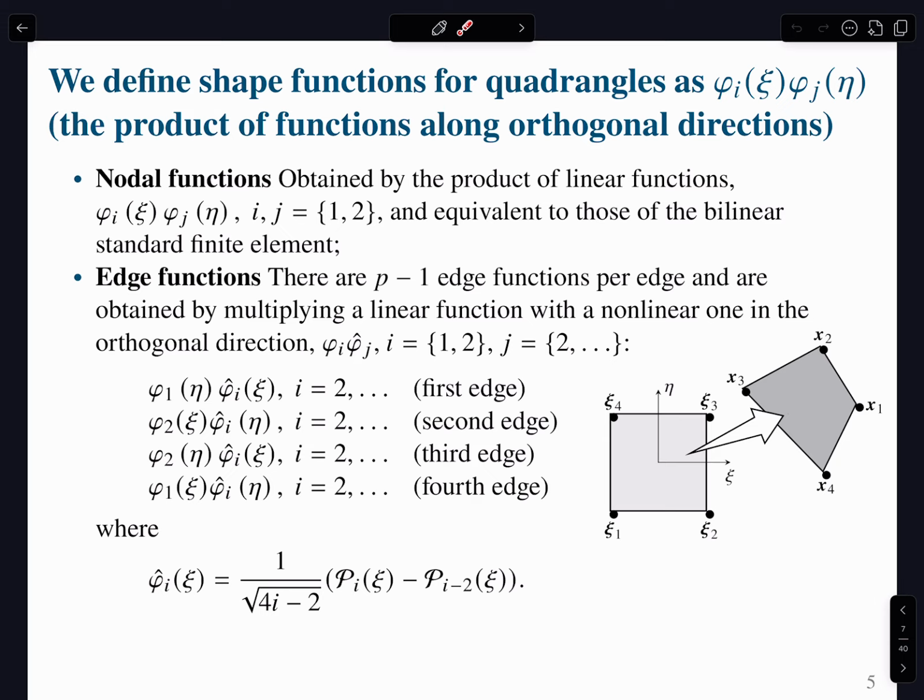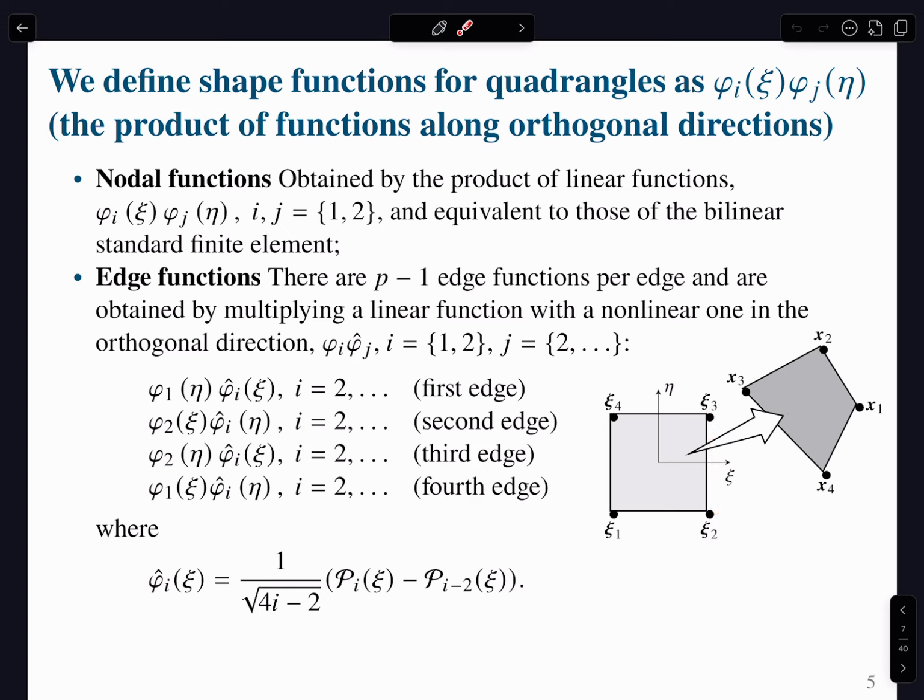So this is the way we're going to build our edge functions. In essence, an edge function is going to be non-zero only along one edge, and then it's going to be exactly 0 along the other 3 edges. So along this edge, it's going to obtain its maximum value, and then it's going to decrease linearly to 0 so that it is equally 0 here, right?